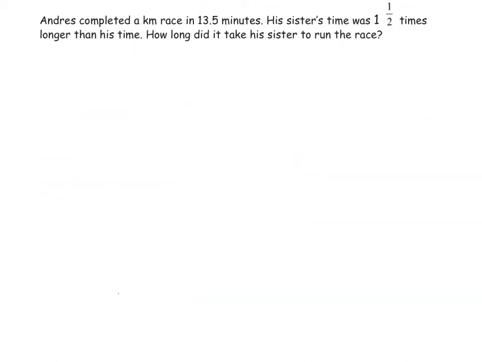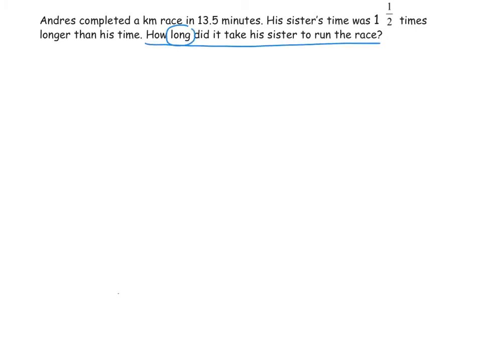Problem number 3. Andres completed a kilometer race in 13.5 minutes. His sister's time was 1.5 times longer than his time. How long did it take his sister to run the race? Let's look at the question again.